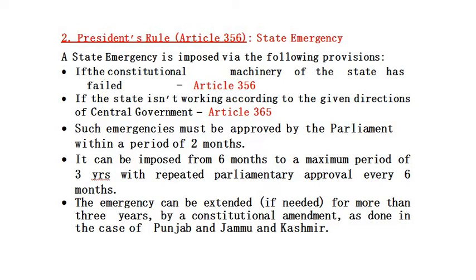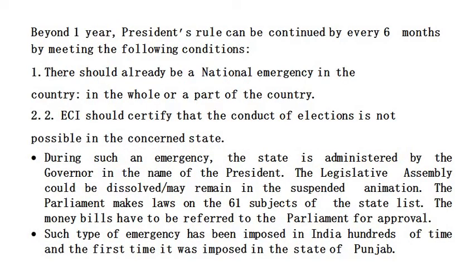Then comes the extension beyond 1 year. President's rule can be continued every 6 months by meeting the following conditions. First, there should already be a national emergency in the country, in the whole or a part of the country. Second, the ECI should certify that the conduct of the election is not possible in the concerned state.